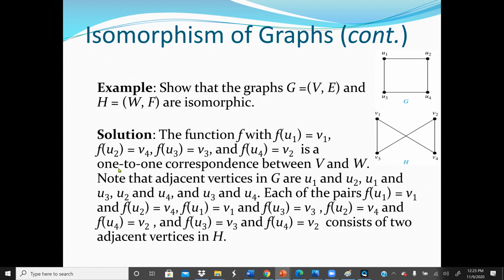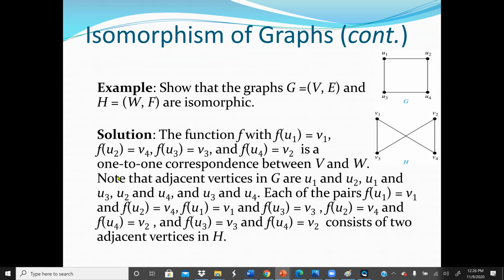So this is a one-to-one correspondence between V and W, where V represents the vertices in G and W the vertices in graph H. That's why we say one-to-one correspondence means the number of vertices in both graphs must be the same. Same thing as one-to-one in a function: the number of elements in the two functions must be the same.